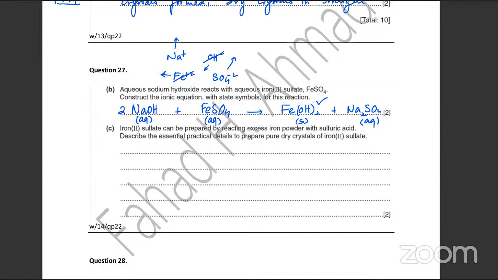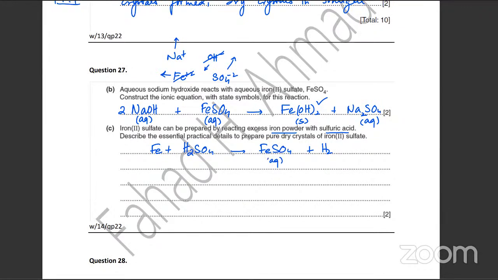The next one is, he's saying that iron powder and sulfuric acid can be reacted to form, so give the practical details. Not sure if he's asking or looking for an equation, but we're going to make an equation anyway. So if Fe reacts with H2SO4, salt will be produced and H2 gas will be produced. The salt is going to be FeSO4, and that's a soluble salt.